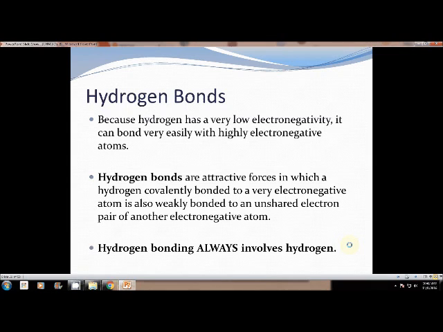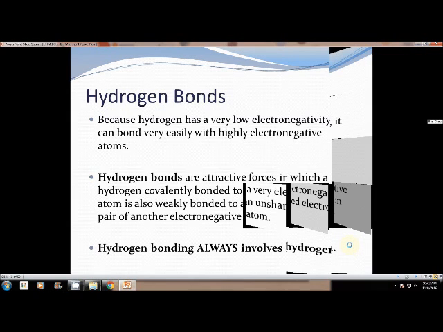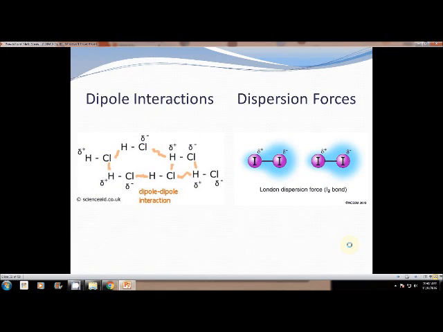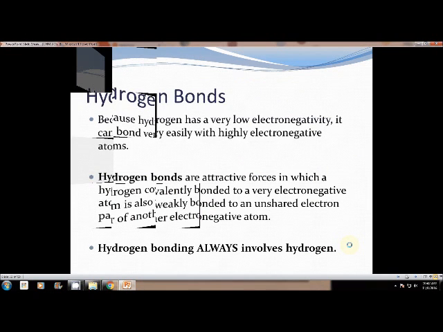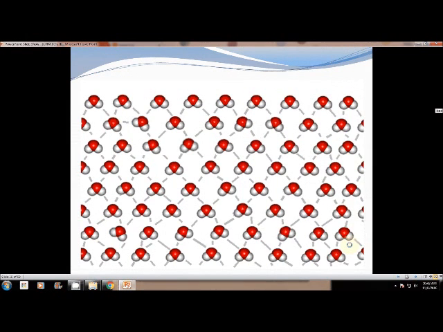If I go back quickly, the dipole-dipole interaction has hydrogen in it. So yes, it's dipole-dipole, but it's also hydrogen bonding, so that can be labeled as 2. But the most common hydrogen bonds we see are with water.